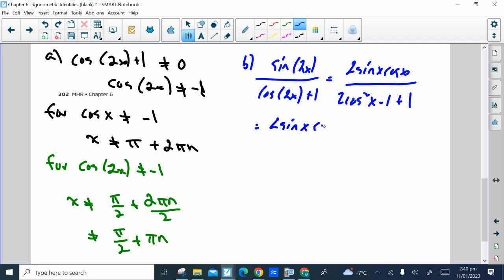So when those ones cancel, you're just left with 2 cos squared x on the bottom. And now we can divide top and bottom by 2. We can divide top and bottom by a factor of cosine. And we are left with sine x over cos x, which once again is tan x.